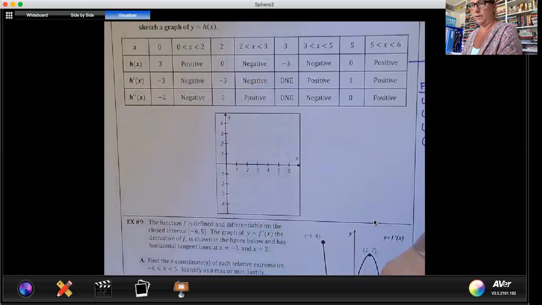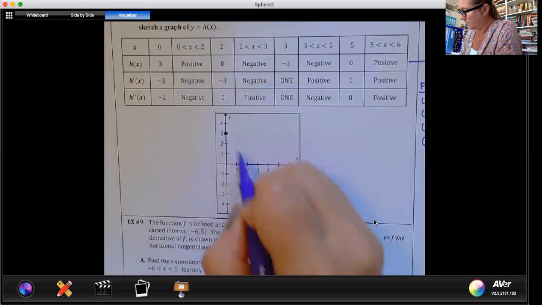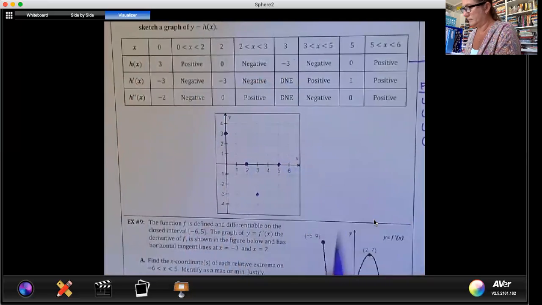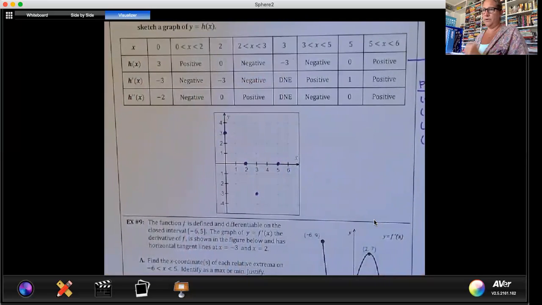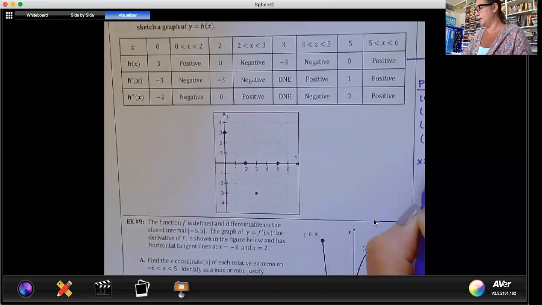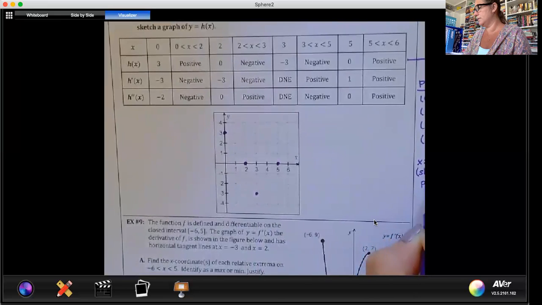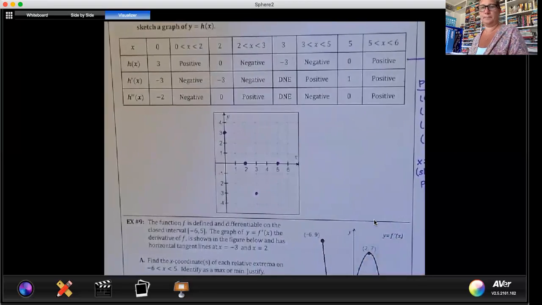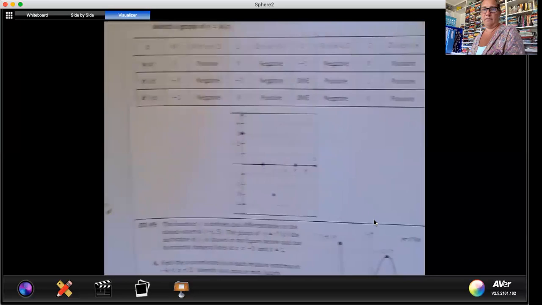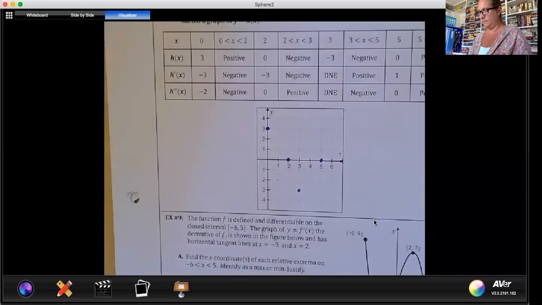And you can go ahead and put those on your graph. And you know that the derivative doesn't exist at x equals 3. So at x equals 3, you should have a sharp point. All right, so again, there are your points, and we've interpreted that and put that on our graph.